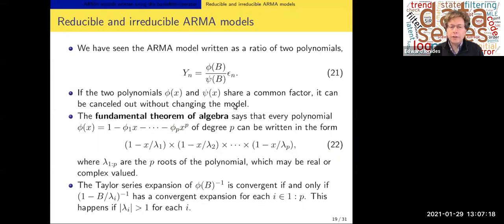Some intuition for why the convergence of the Taylor series expansion is equivalent to having all the roots outside the unit circle: if you think of the polynomial as the product of its roots, and you take the inverse of the polynomial, you have a product of things like (1 minus B over lambda i) inverse, and that Taylor series expansion is fairly well known to be stable only if the absolute value of lambda i is greater than 1.